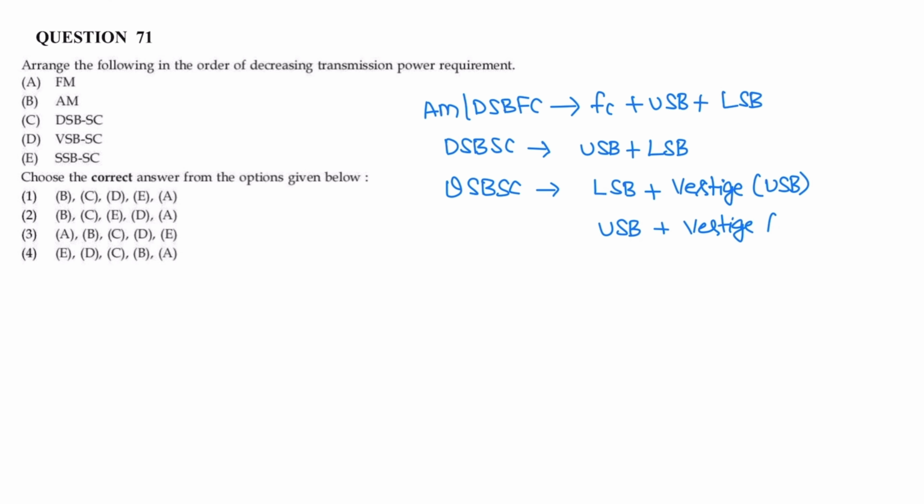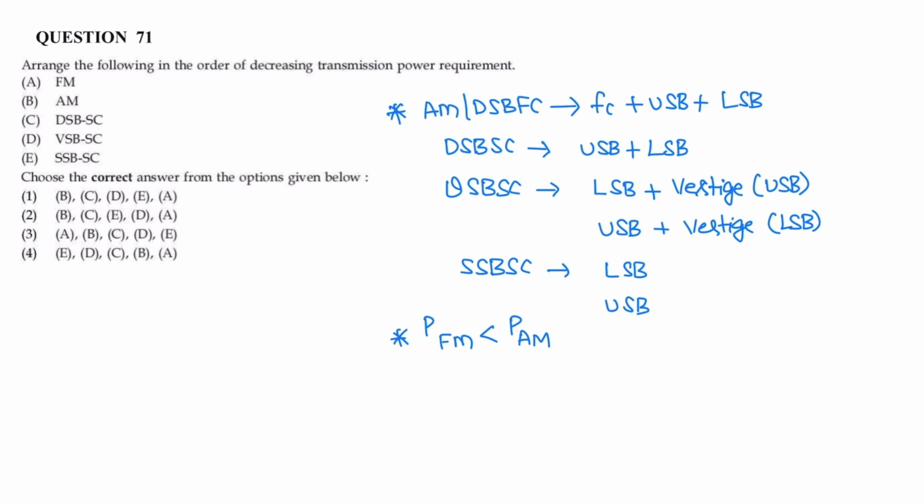Next is SSB SC. It consists of either lower sideband or upper sideband. So this is the power requirement in amplitude modulation. The power requirement in frequency modulation is less than in amplitude modulation. FM requires least power.